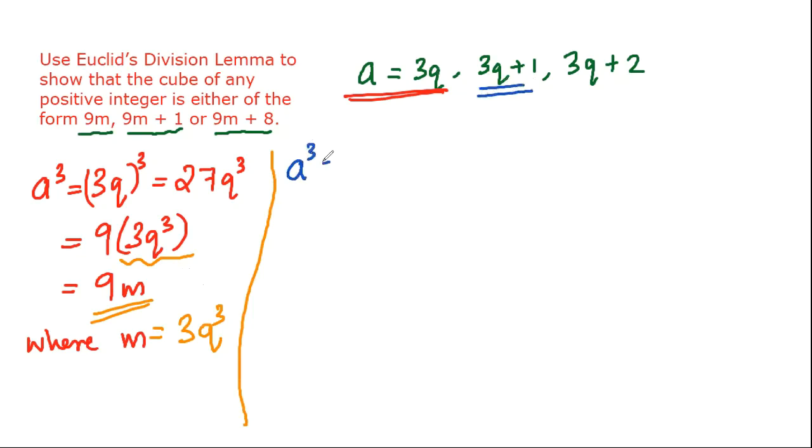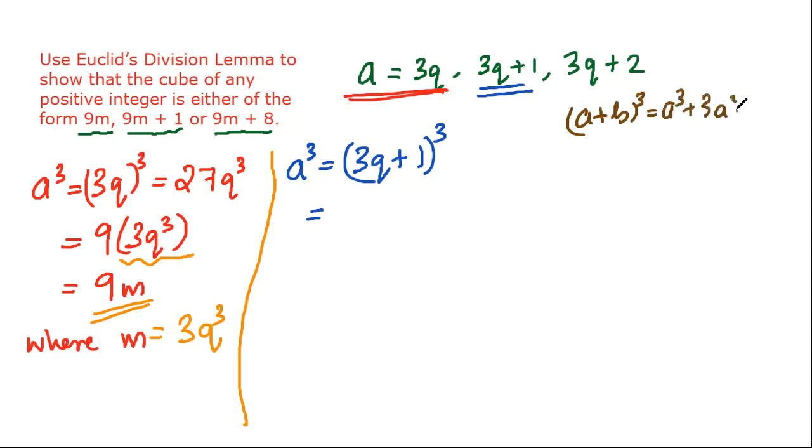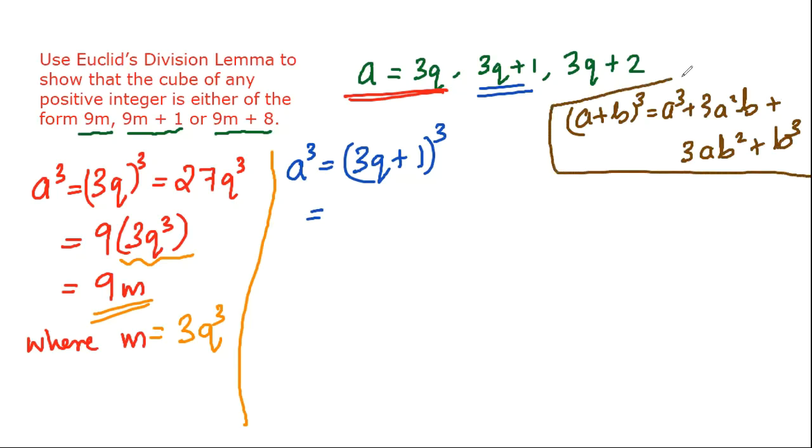Then a cube will be equal to 3q plus 1 whole cube. And I am expanding this, a plus b whole cube. As all of you know, a plus b whole cube is equal to a cube plus 3a square b plus 3ab square plus b cube. This is the expansion of a plus b whole cube.